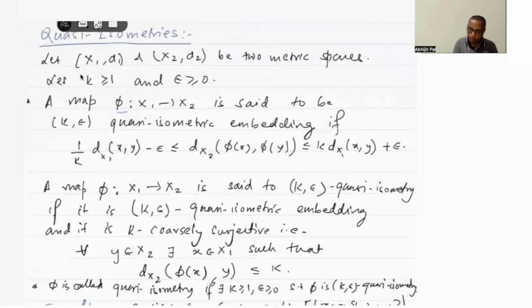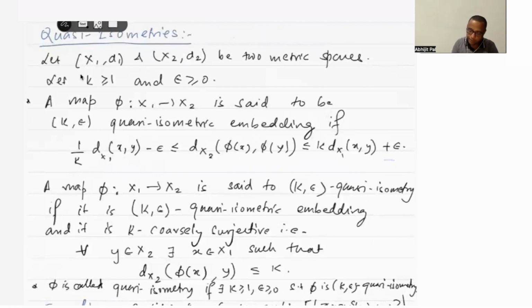A map phi from X1 to X2 is said to be a (k, epsilon) quasi-isometric embedding if this inequality is satisfied: 1 by k times the distance of x, y in X1 minus epsilon is less than or equal to the distance of phi x, phi y in X2, that is less than or equal to k times the distance of x, y in X1 plus epsilon.